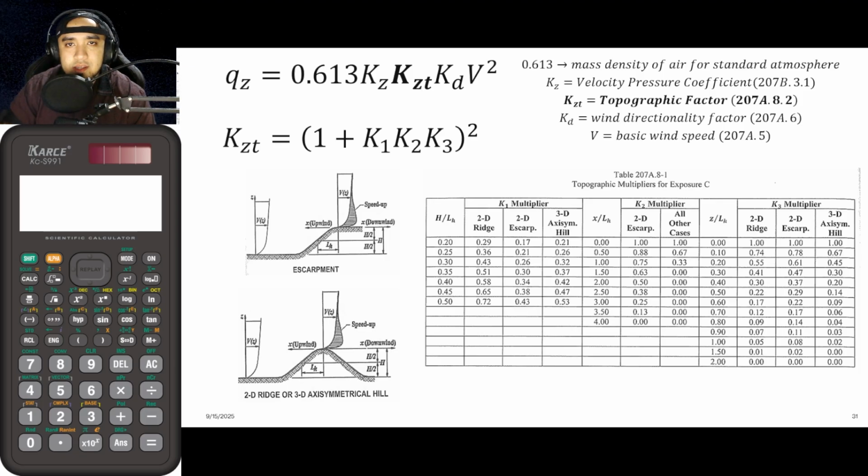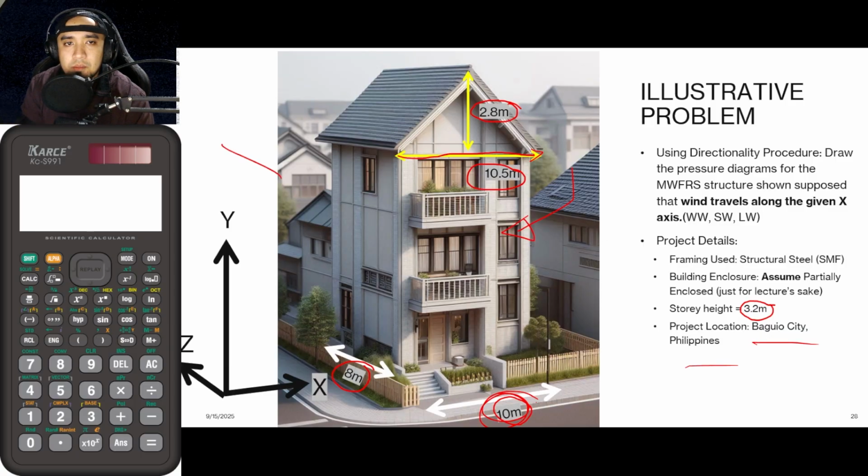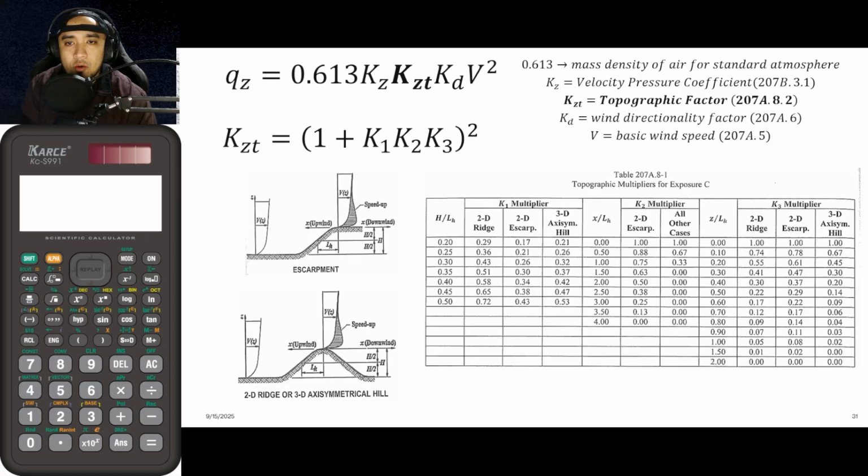But as you can see, even though this building is located in Baguio City, in this particular image it is neither on an escarpment nor on a hill. It is located in a plain area on top of the plateau of Baguio. And from that, we could now conclude that the value for KZT is equal to 1.0.